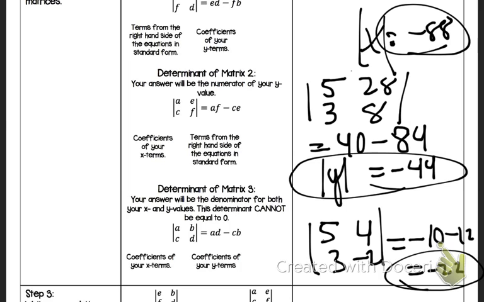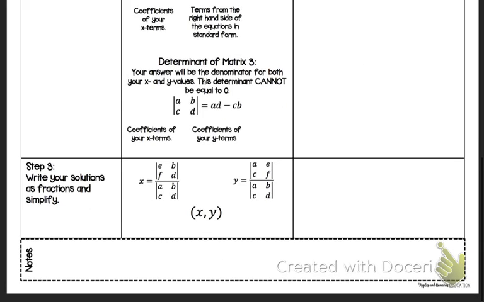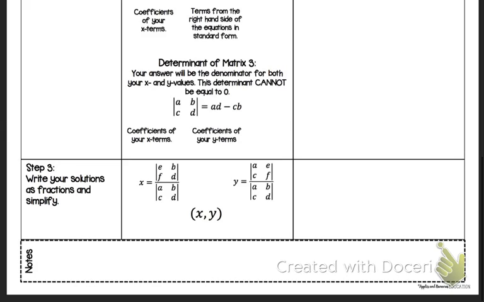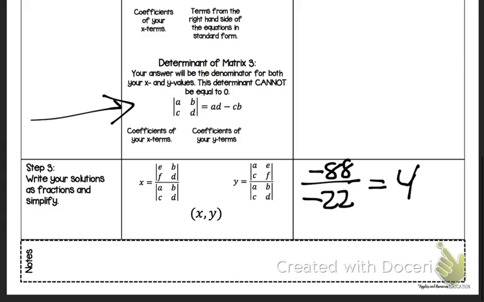Okay, now step 3 is to find x. We take our first determinant, our x determinant, which was negative 88, and we divide by our last determinant. This is our denominator determinant, the last one here, which was negative 22. And that gives us 4. So our x value is 4.